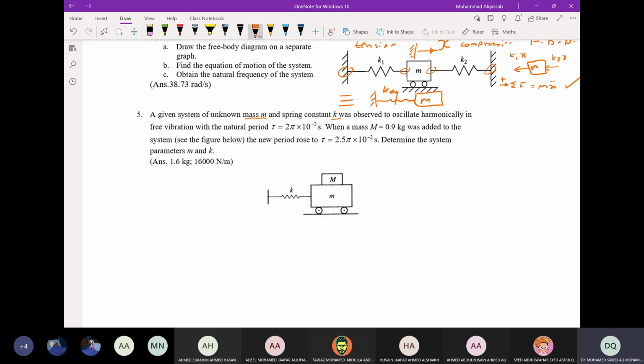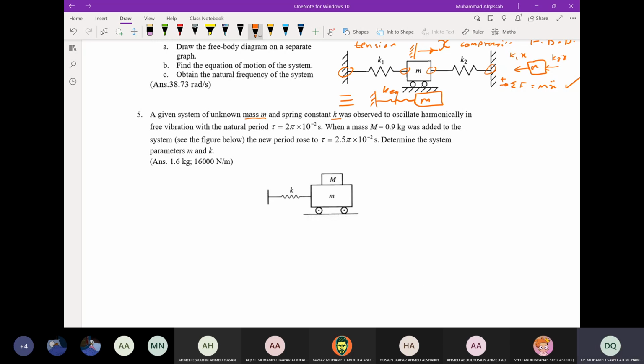When a mass equal to 0.9 kilogram was added to the system, see the figure below, the new period rose to 2.5 pi times 10 to the power minus 2 seconds. Determine the system parameters m and k.